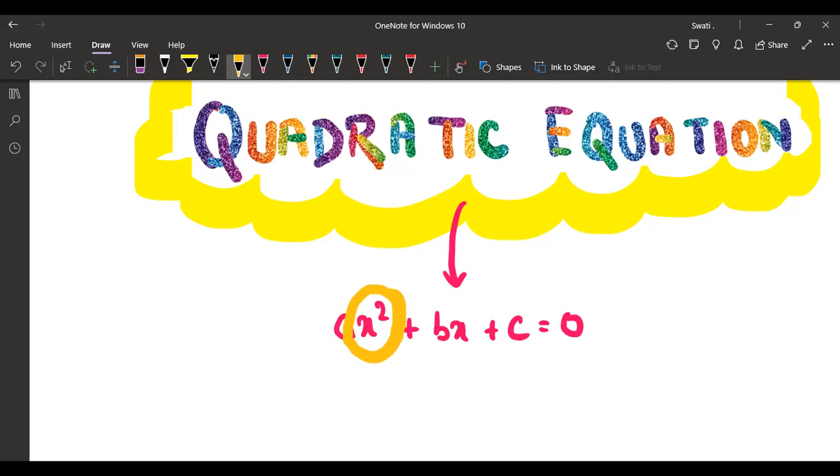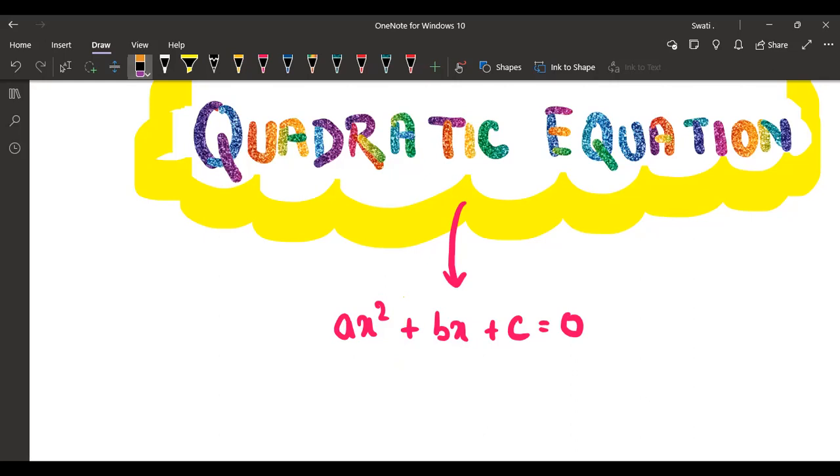If this term is not there, it is not a quadratic equation. It will become a linear equation. If you get a form like 2x plus 3 equals 0, that is not a quadratic equation. The main thing one should notice is that it should have degree 2 on the variable. Okay, so this is the general form.